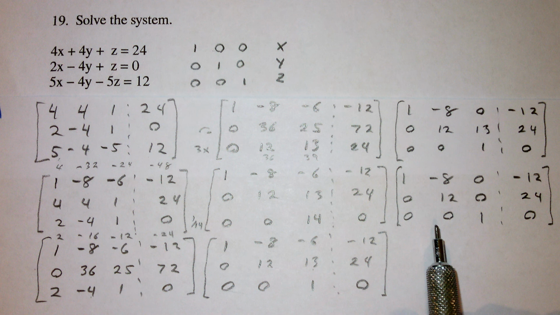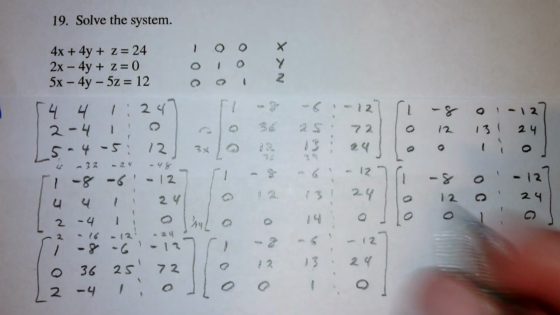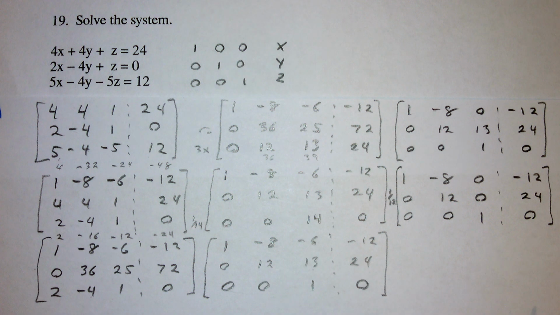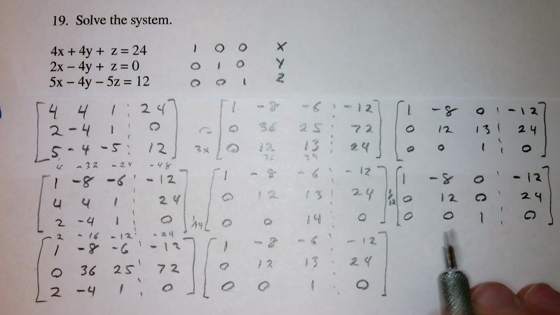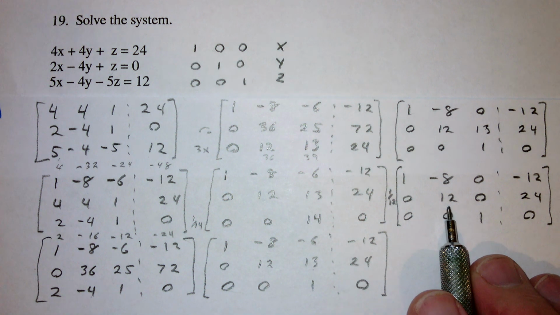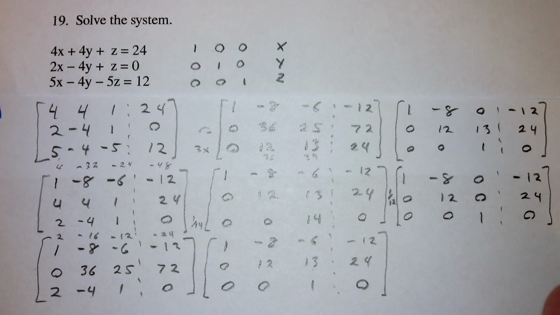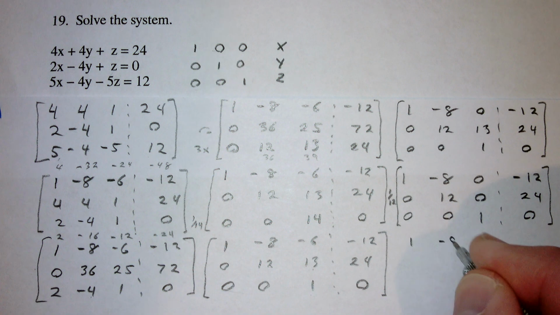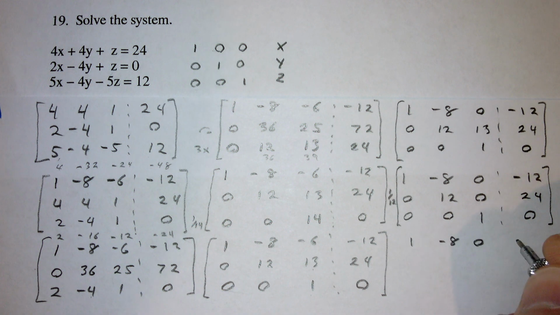I'm going to multiply this middle row by 1/12. And it's going to make that a 1. It's going to make that a 2. Okay? So here we go. 1, negative 8, 0, negative 12.